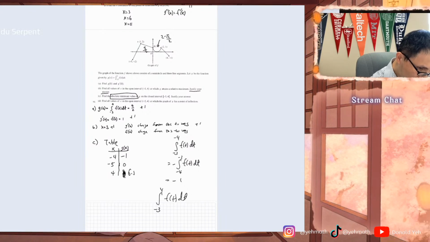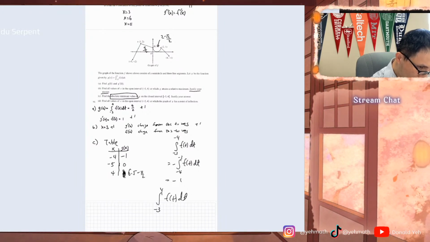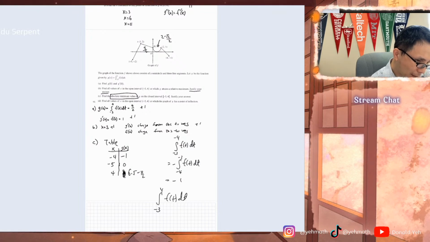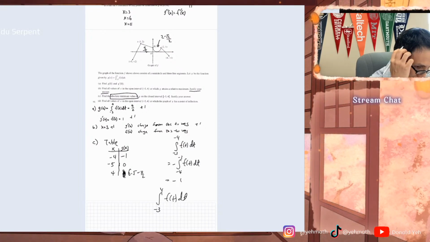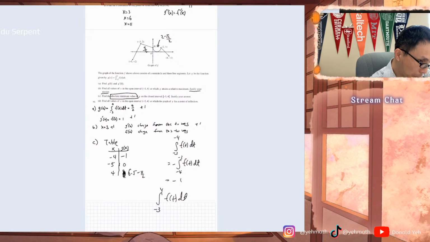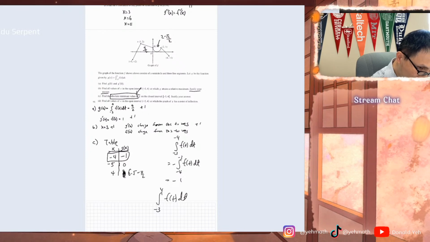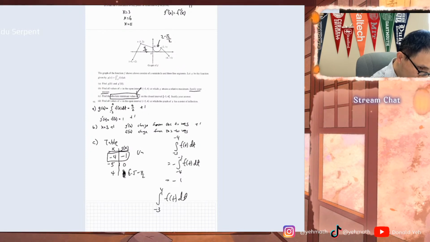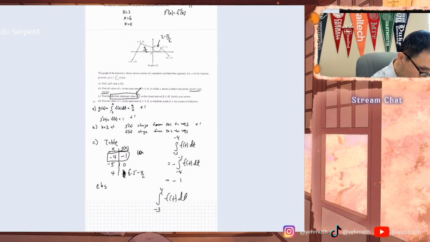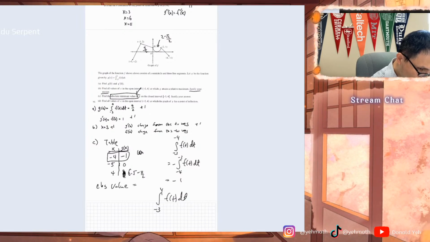So 6.5 minus pi over 2. But it turns out that's not lower than that. So negative 4 is the lowest. And they want a value, so you can say the absolute minimum value is equal to negative 1.